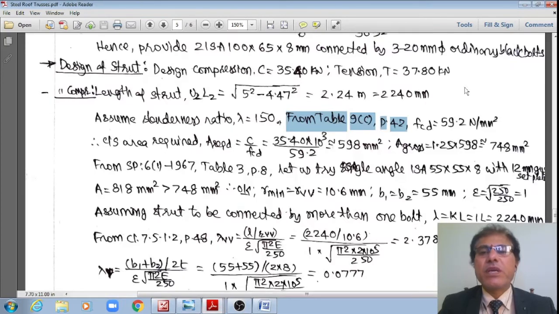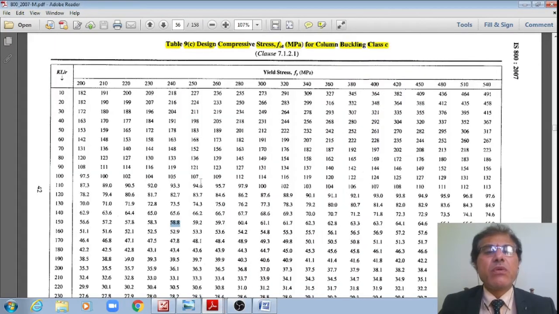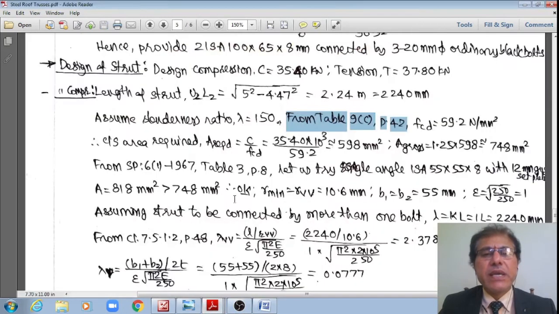I'm noting down that value as 59.2 for lambda equal to 150 and yield stress of the steel Fy equal to 250. It is 59.2.